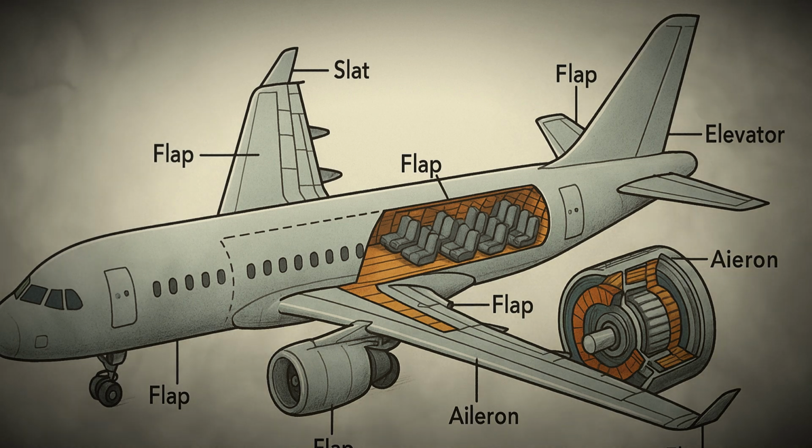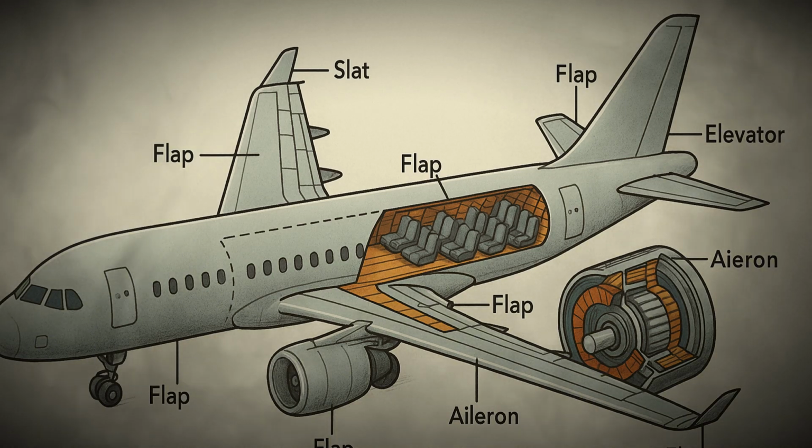Without thrust, wings could not generate lift, and airplanes would remain grounded. With it, humanity has gained the ability to cross continents, oceans, and even explore the edges of space, making thrust and propulsion central to the story of how planes work.